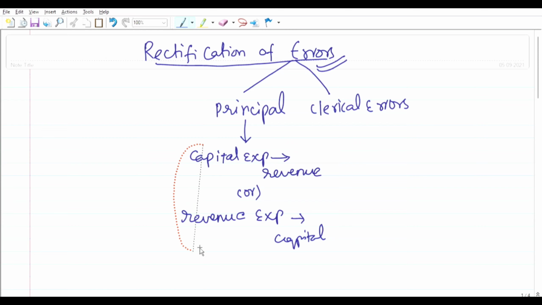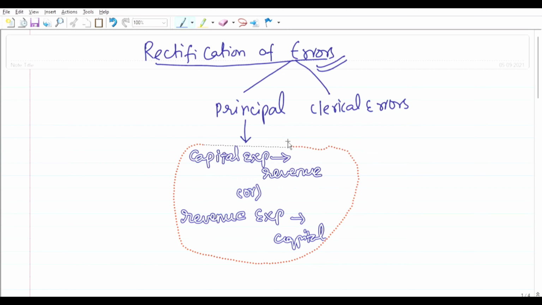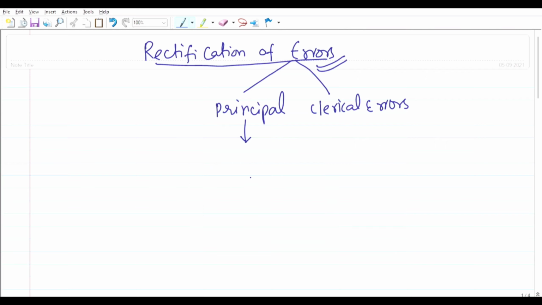So let us take some examples related to capital treated as revenue and revenue treated as capital. The first example is for capital treated as revenue. I am writing the example.